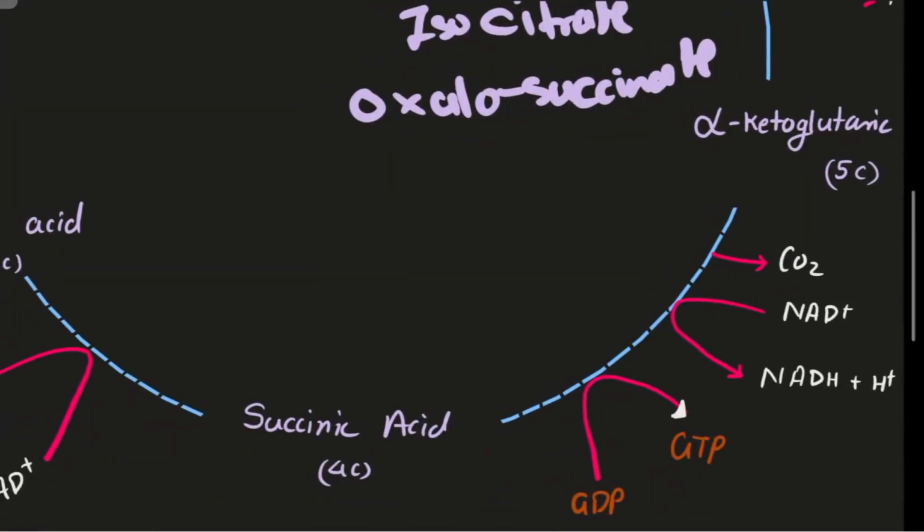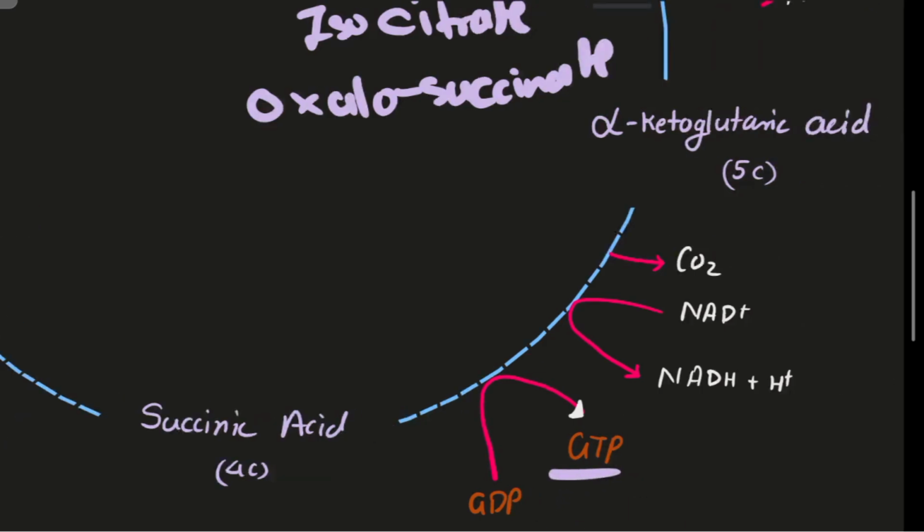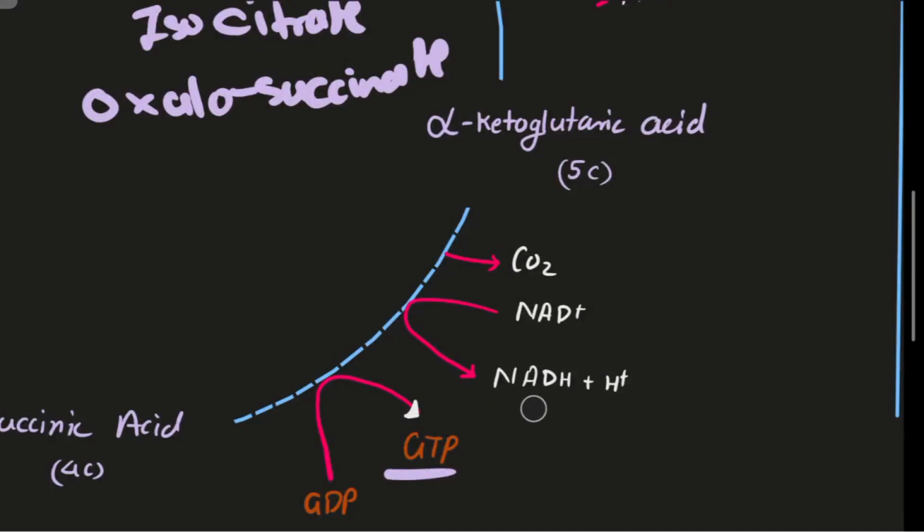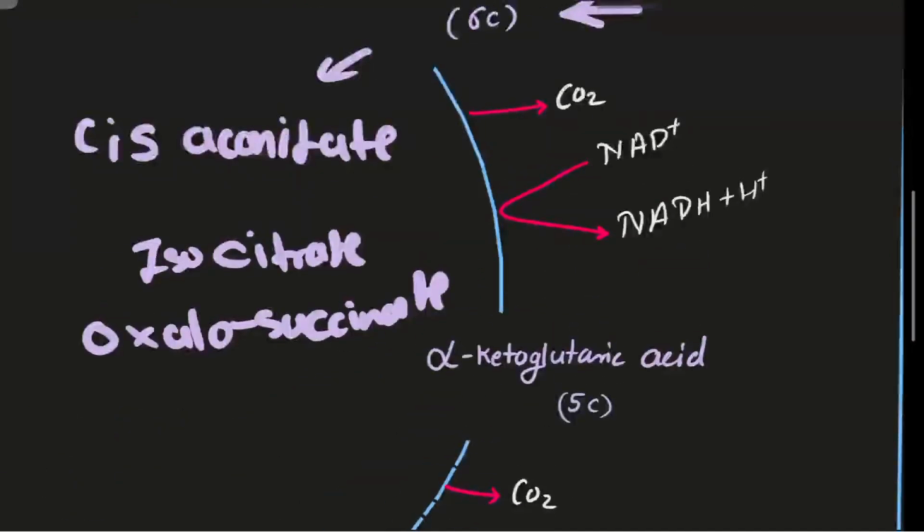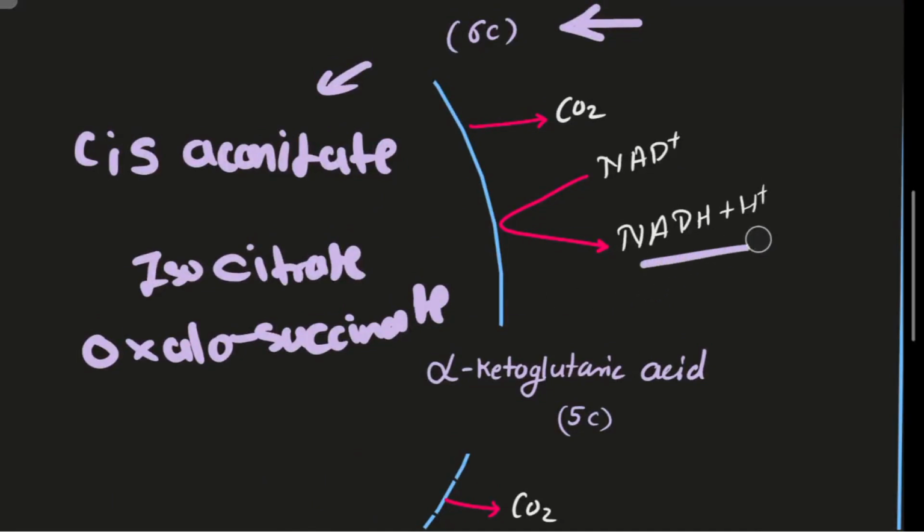Then moving forward, with formation of 1 GTP and NADH2. Here we also get 1 NADH2.